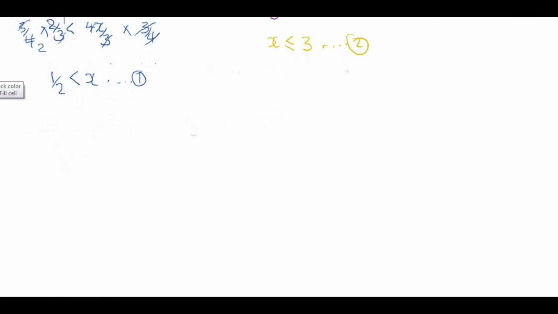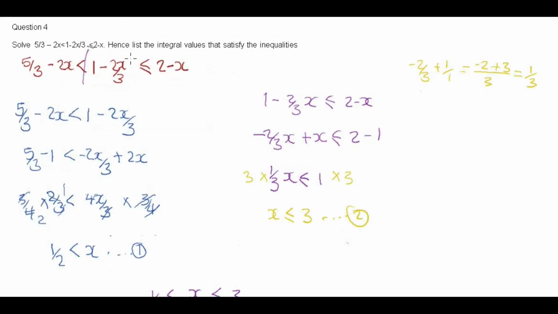If you combine them, it will be a half is less than x less than or equal to 3. Remember, we have been told to list the integral values that satisfy the inequality.